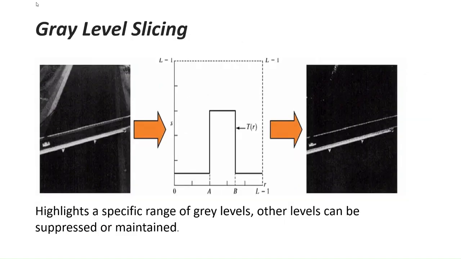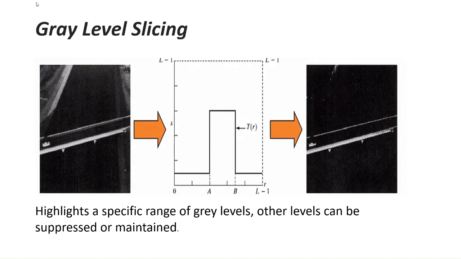Next, gray level slicing. Slicing means nothing but cutting. Highlights of a special range of gray levels or other levels can be suppressed or maintained. Suppressed means we are deleting the unwanted data. Slicing means removing the unwanted information or data in the images.